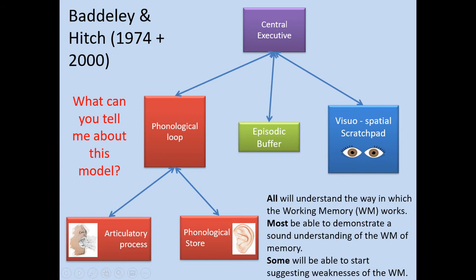So there's also, as we do updates, we also see they start breaking down the visual spatial sketchpad into the visual cache, for instance, and we need to recognize that there are multiple versions of this theory.